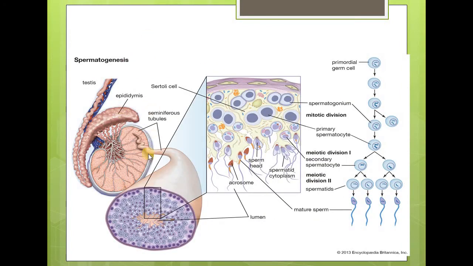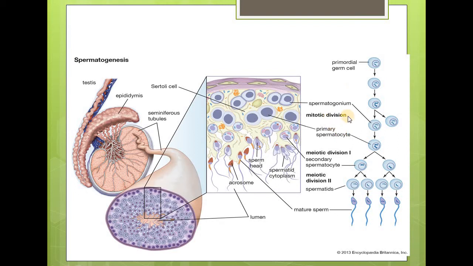Here is a structure showing the male reproductive organ, the testis, and how spermatogenesis occurs, through the primordial germ cells, then primary spermatocytes.